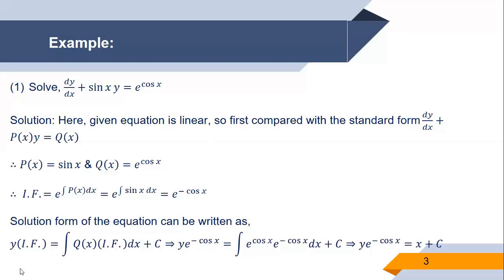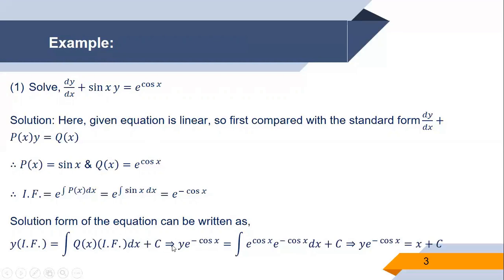And so we input the integrating factor in the solution form. The form is y into integrating factor is equal to integration q x into integrating factor dx plus c.